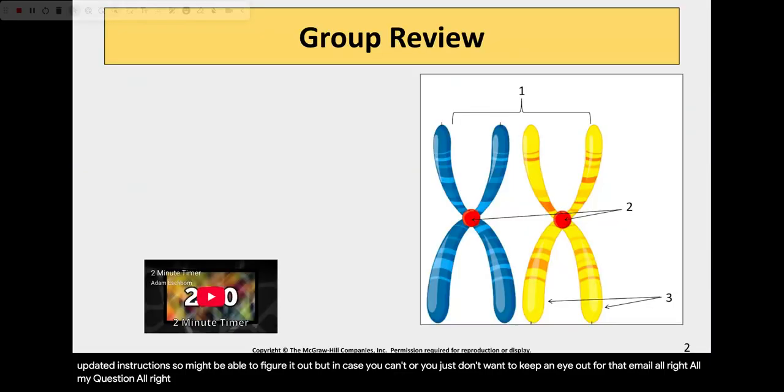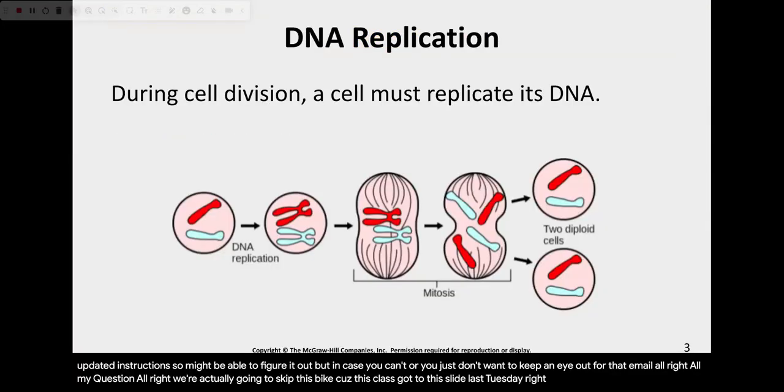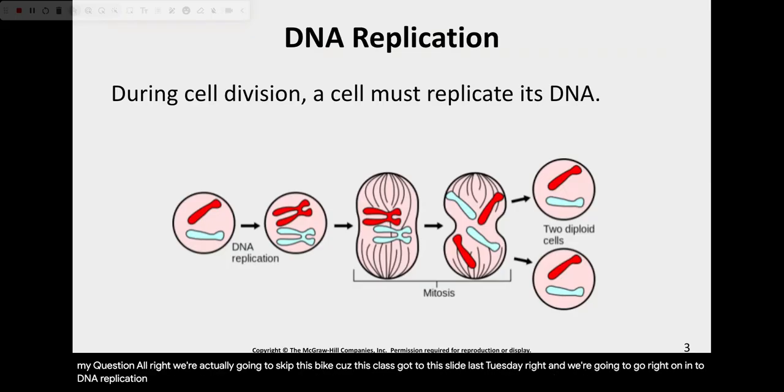All right, we're actually going to skip this slide because this class got to this slide last Tuesday. We're going to go right into DNA replication, which is our next topic. We've talked about DNA, how it's structured, and how we get chromosomes.